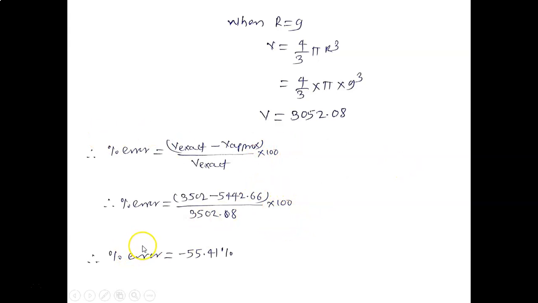Therefore, we are getting percentage error is equal to minus 55.41%. Therefore, this is the example of how to find out percentage error.